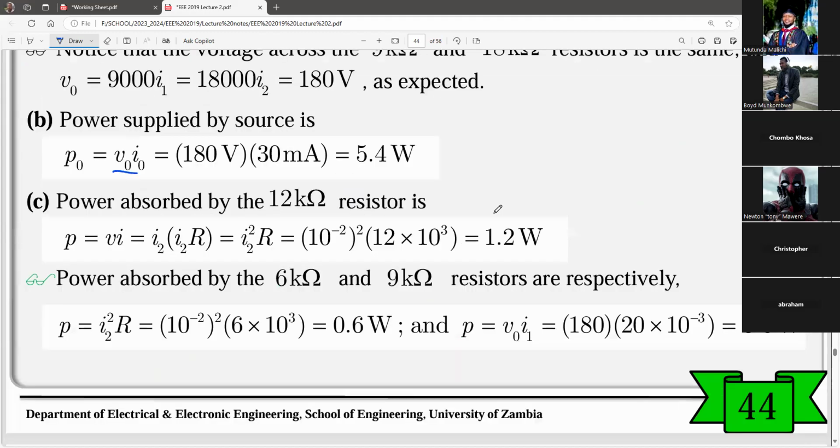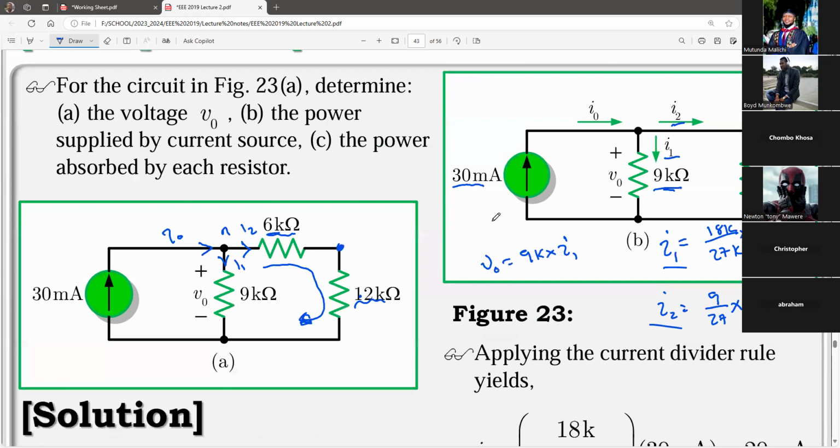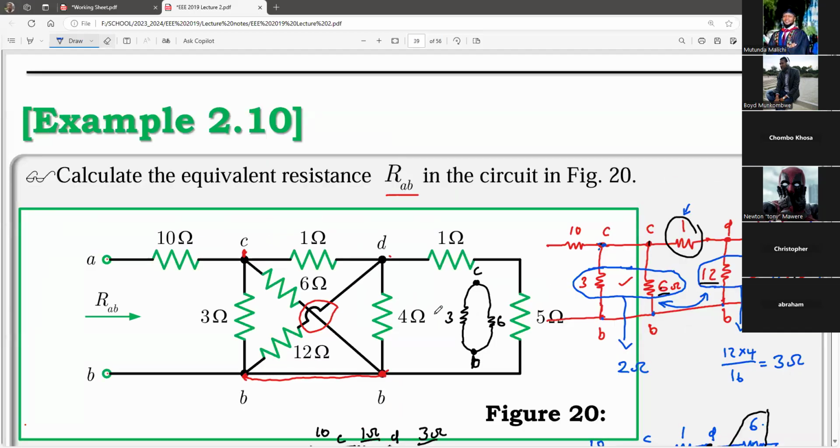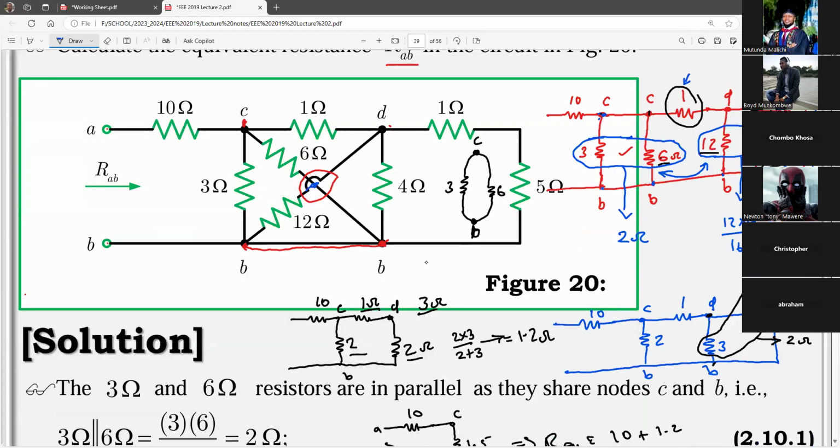I'll take you back to this circuit, the one we had to rewrite. If by any chance you find that this point is actually now connected, there is a connection there. What I mean is, this 6 here and this 12, at the point where it was saying that there's no connection, it is connected.